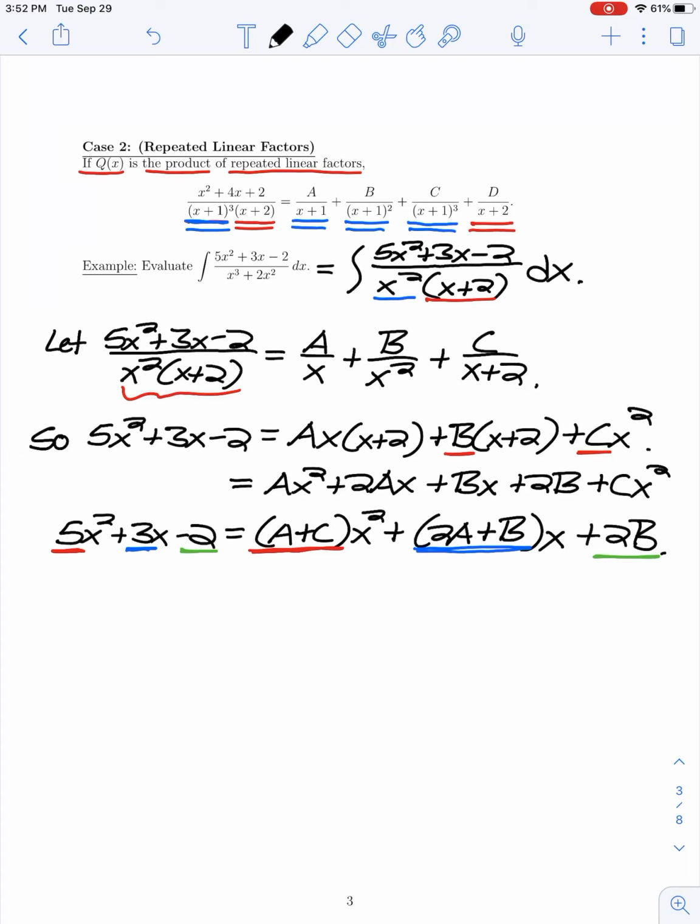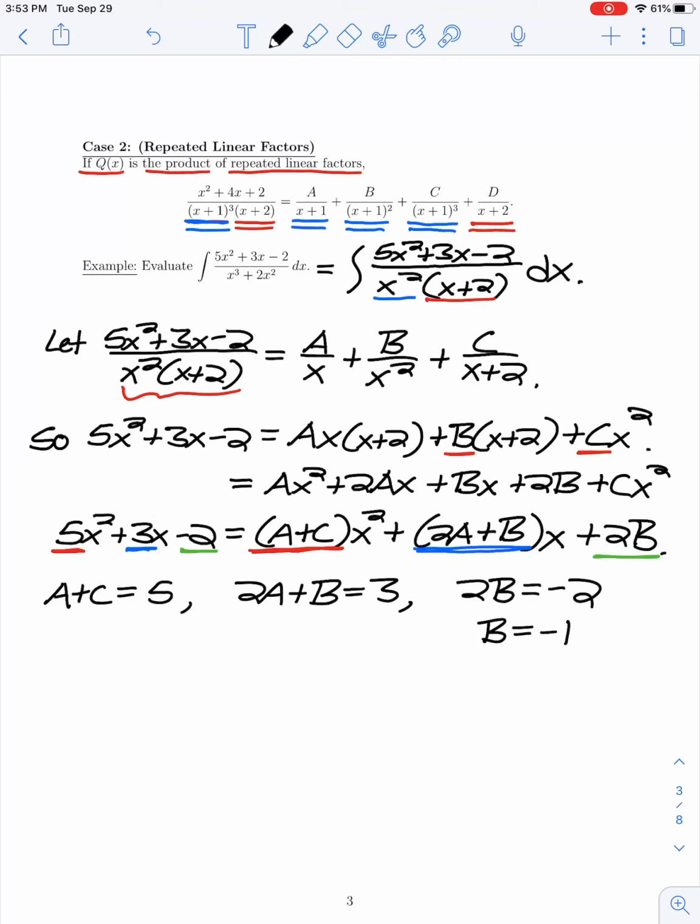So copying these conditions down, we have a plus c has to equal 5. 2a plus b has to equal 3. And 2b has to equal -2. So looking at our third equation here, we find immediately that b would be -1.